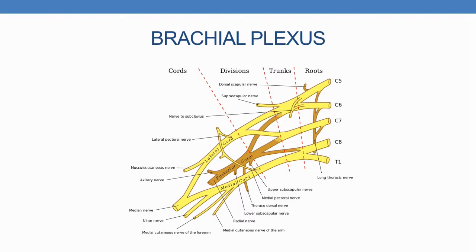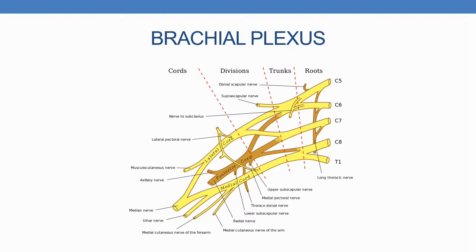So let's summarize. 5 roots gave us 3 trunks. Each of the 3 trunks then divided to give us 6 divisions. 3 of the divisions are anterior divisions. 3 of the divisions are posterior divisions. Okay?